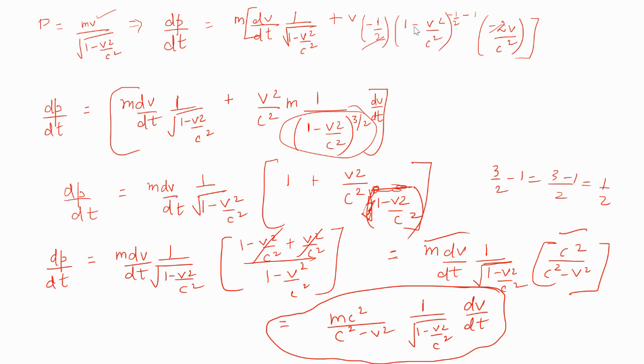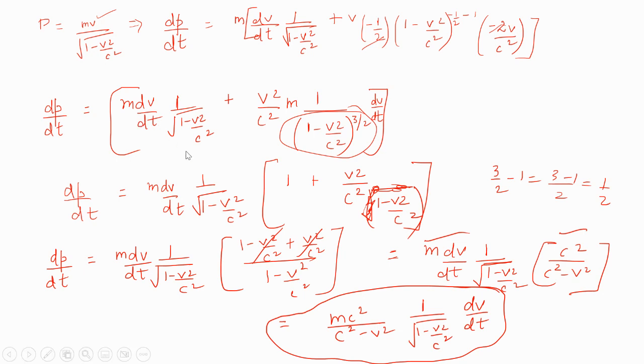Then this term will be minus 2v upon c square dv by dt, right? Then here it is m dv by dt under root 1 minus v square by c square plus v square upon c square, and 2 will cancel, and m I'm taking inside, then 1 minus v square to the power 3 by 2 dv by dt.